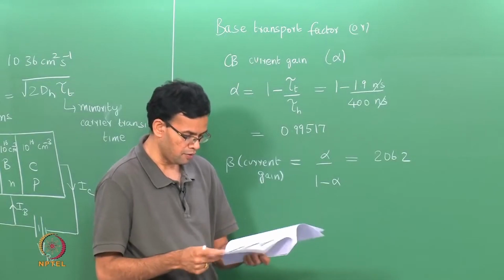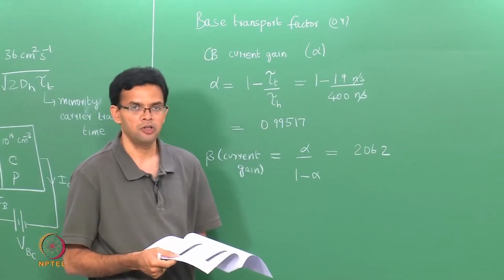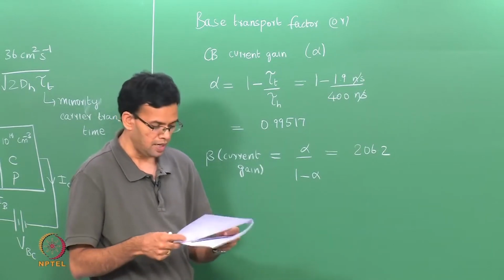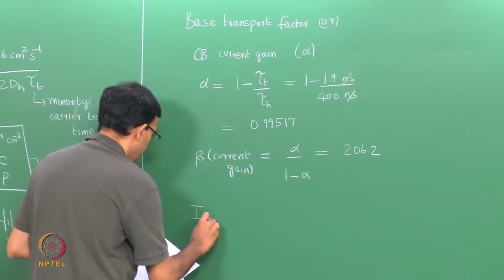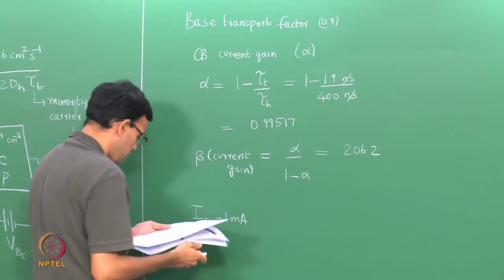In the last part of the question, we have to calculate the emitter base voltage given that the emitter current is 1 milliampere. So, IE is 1 milliampere.